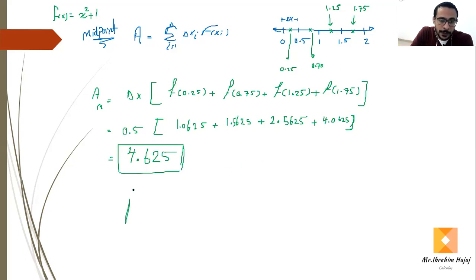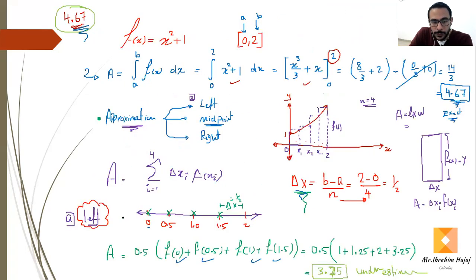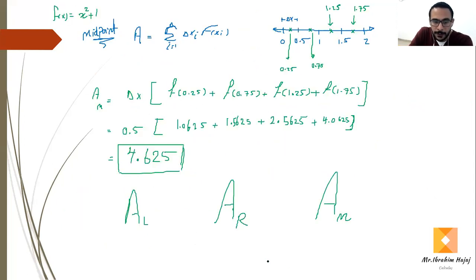So let's write here the area using the left endpoints, the approximation using the right endpoints, and the area now using the midpoints. Let's see which is the closest. For the left one, the left equals 3.75.